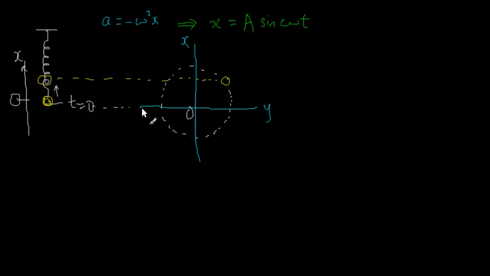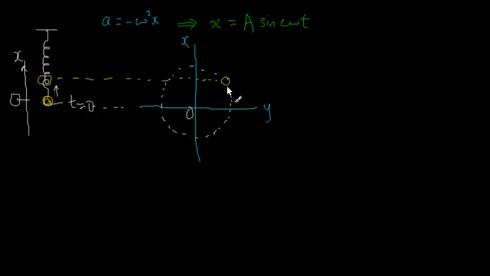Now, can you think about this situation? Suppose that as this ball goes round and round in this circle, this ball on the spring goes up and down.